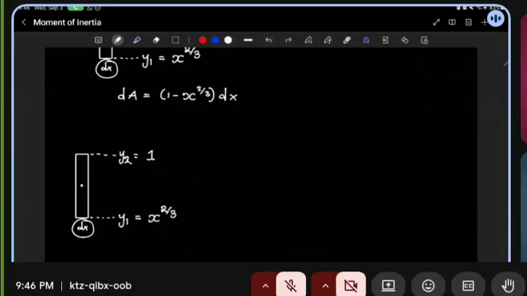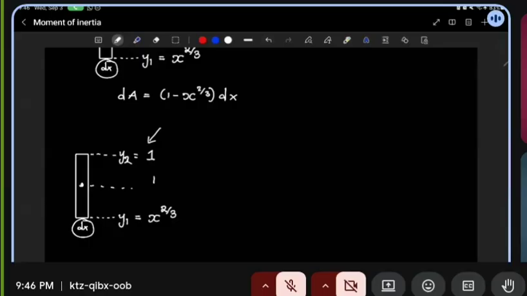To get the midpoint, we know the coordinate of the top is given by y2 equals 1. The bottom will always be given by y equals x to the power 2 over 3. So for its midpoint, remember how you get the midpoint between two values? You add them, then halve them.